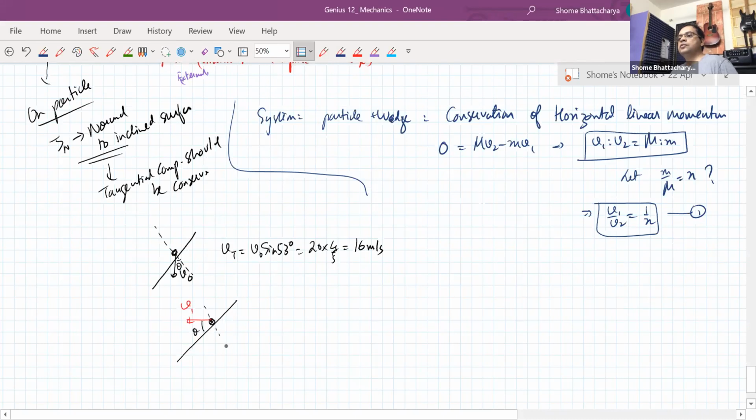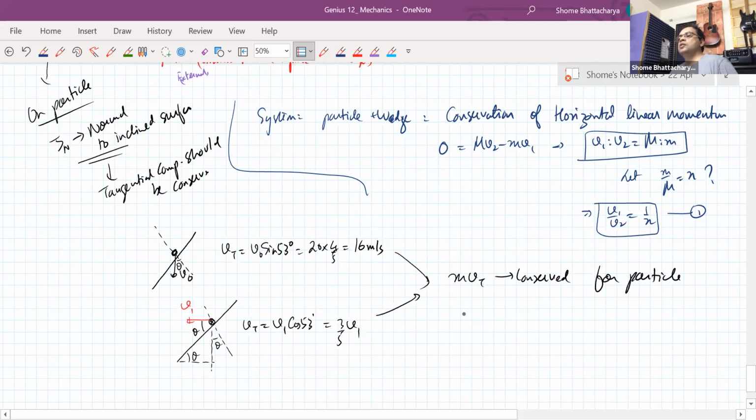So the tangential component is V1 cos 53, which is 3 by 5 V1. So we have V0 into 4 by 5 should be equal to V1 into 3 by 5.